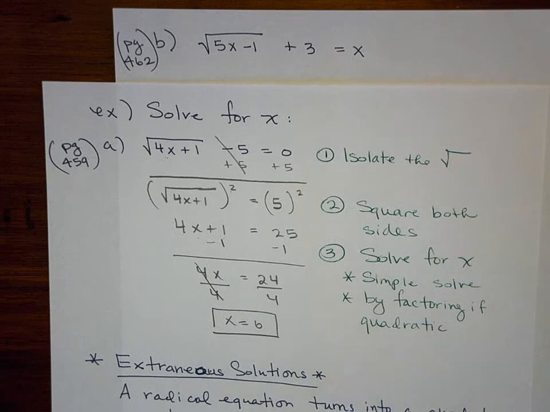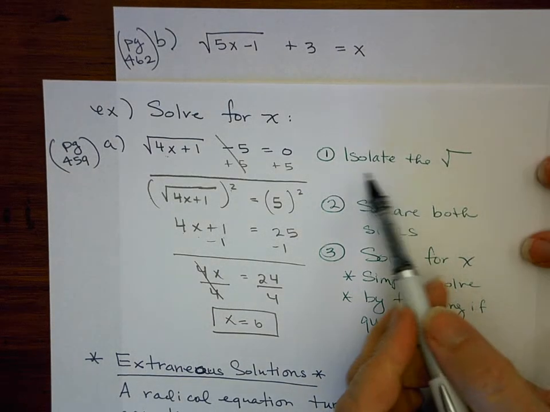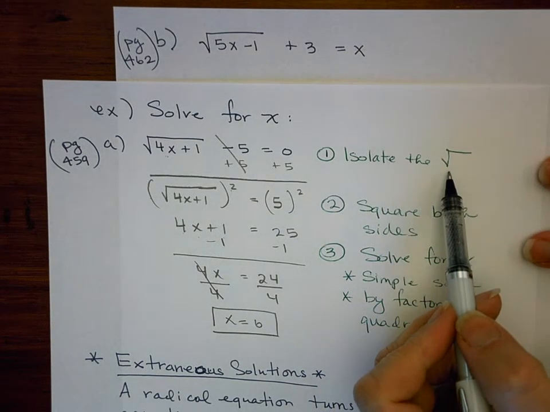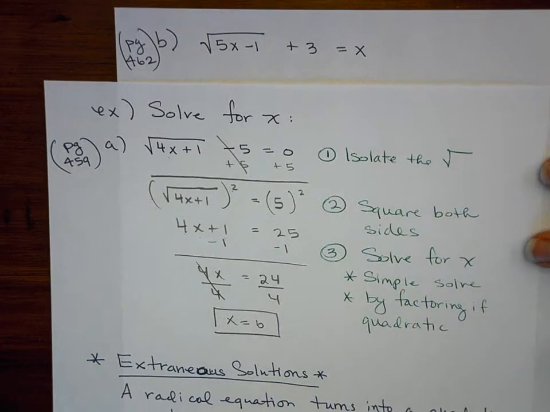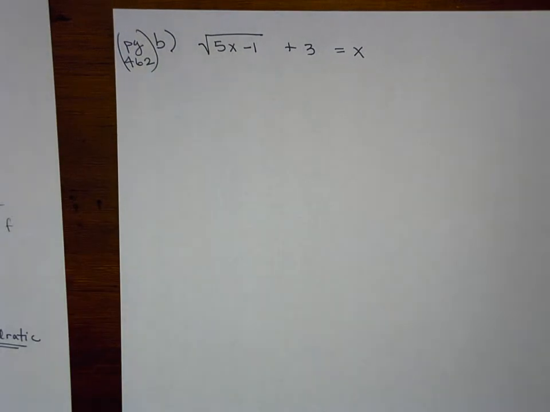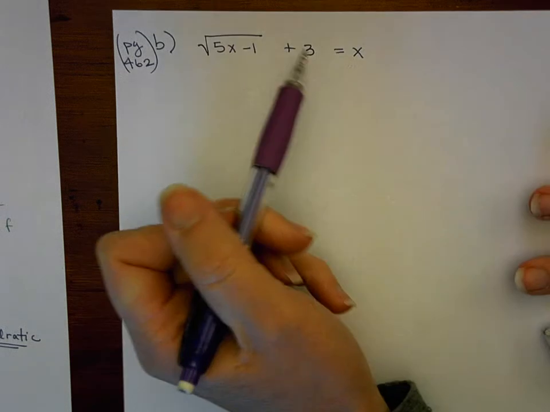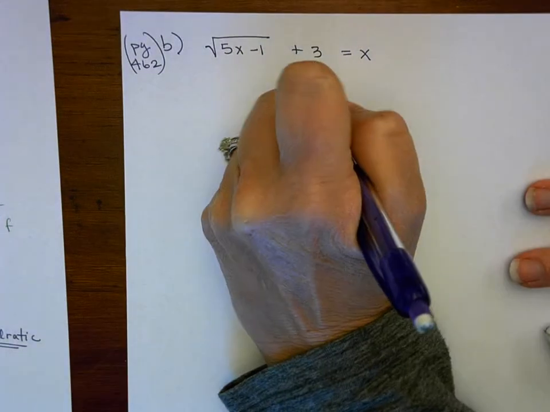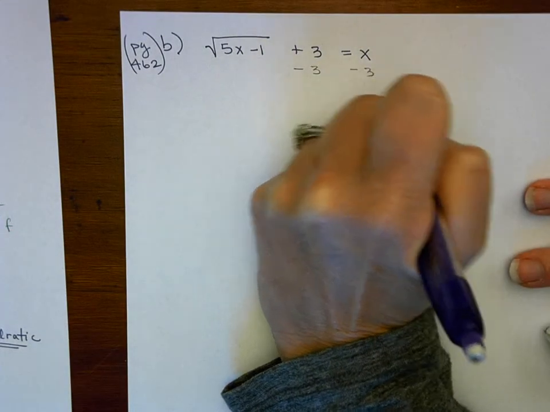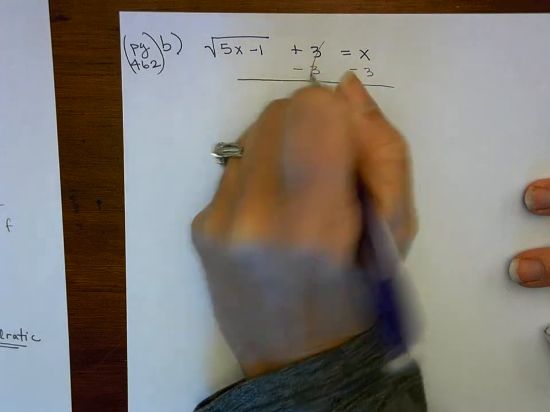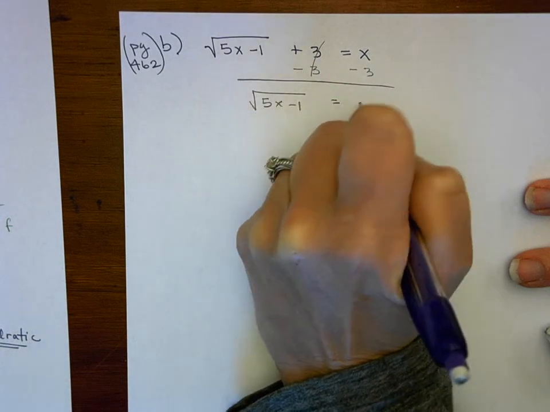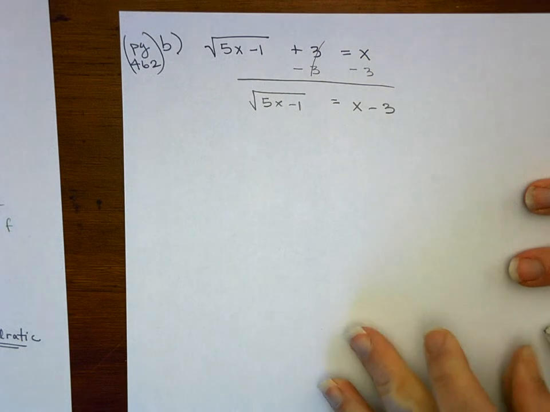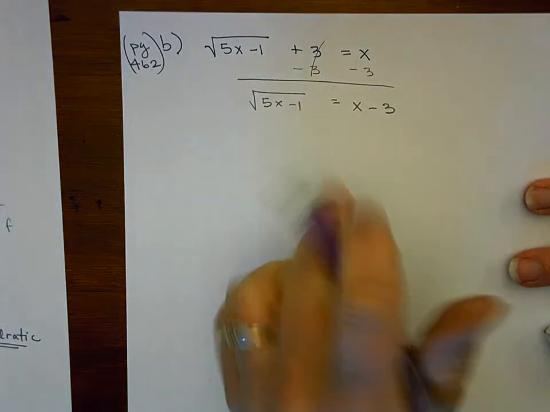Our first step was to isolate the radical, so anything outside of the radical we want to move to the other side. To isolate the radical, we're going to subtract 3. That just gives us 0, and then there is nothing else outside of the radical.